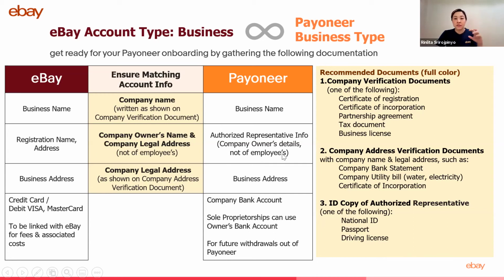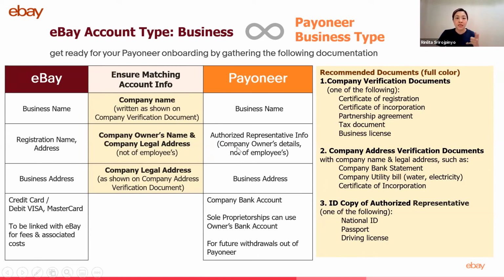However, on Payoneer, the name of the authorized representative will be shown on a separate line from the address. So this is where you need to ensure that the authorized representative is actually the owner or the director who can sign and is the legal representative.